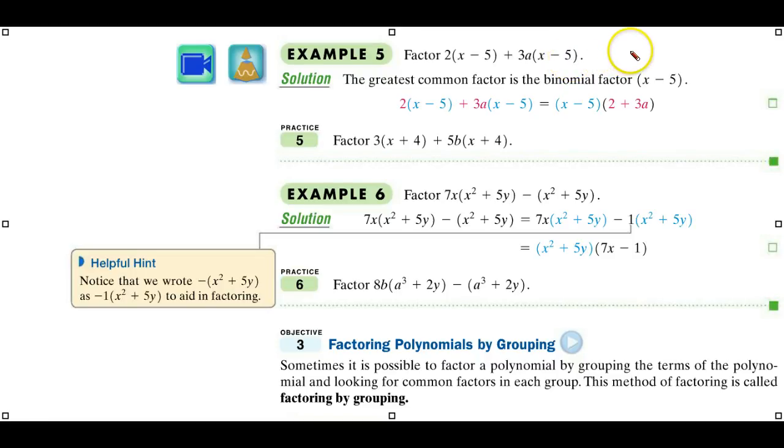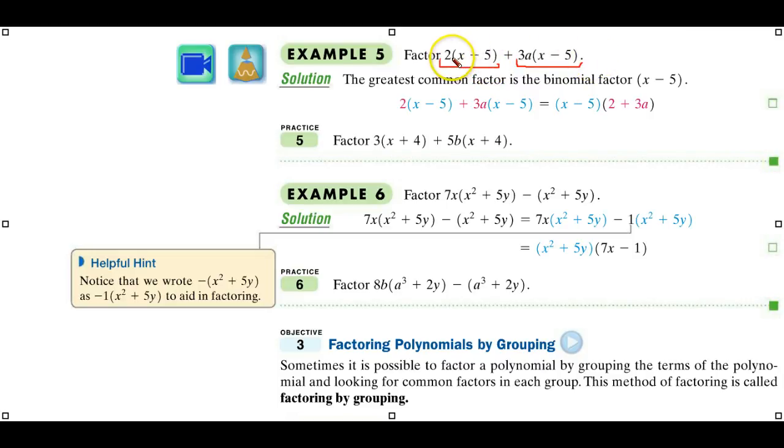Now as we look at this, this is one term, and this is one term. Now 2 times something, the 2 and then what's in the parenthesis is a factor. The 3a and what is in the parentheses is a factor. Are factors. And we are then asked, are there common factors in these 2 terms?